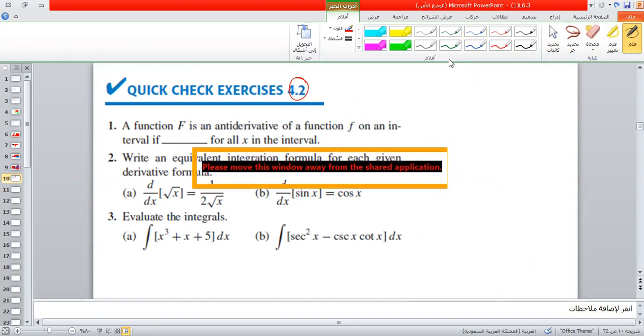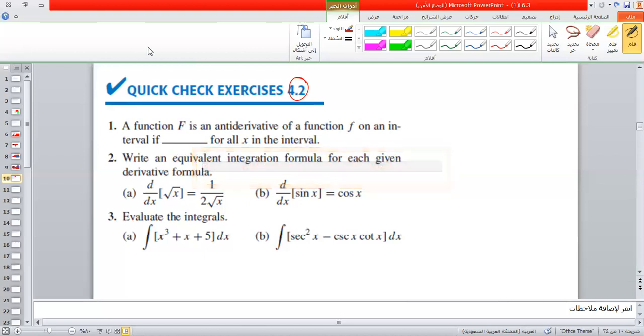Number 1: function F is an antiderivative of function f on an interval if F prime equals f for all x in the interval. Do you hear me, guys? Yes, we can hear you. So function F is an antiderivative if it's differentiable and continuous for all x in the interval.